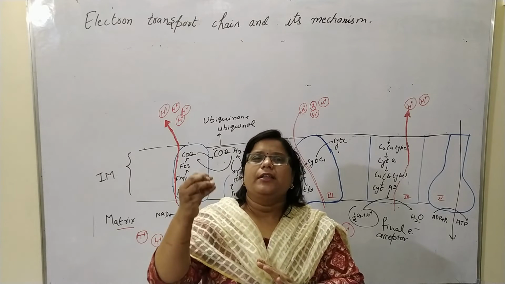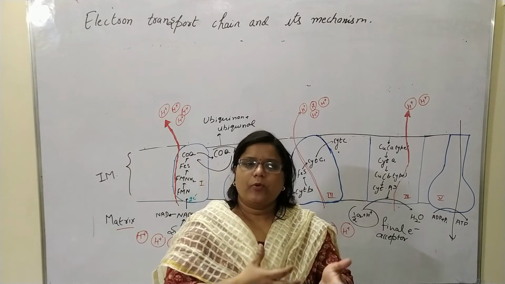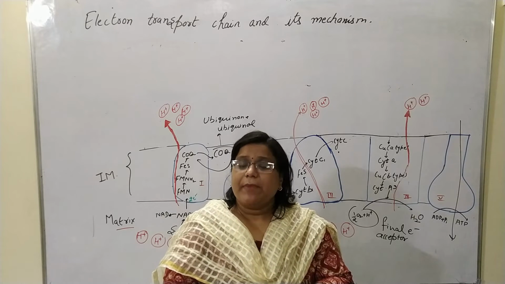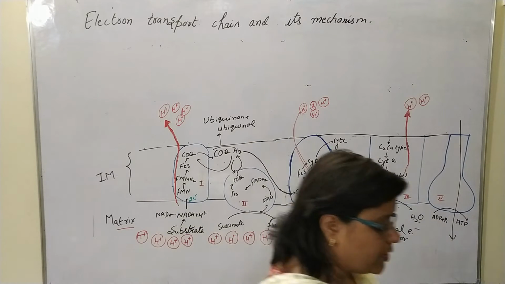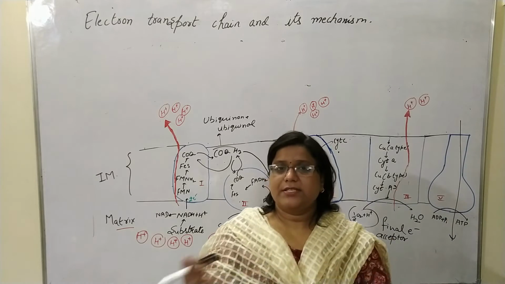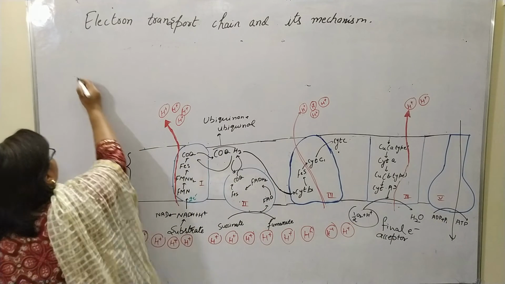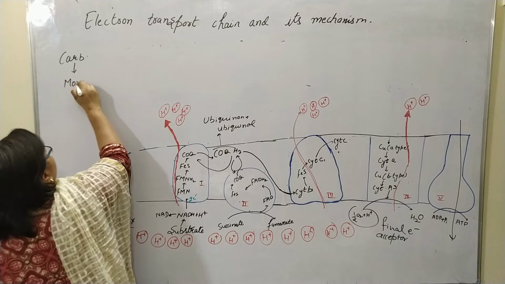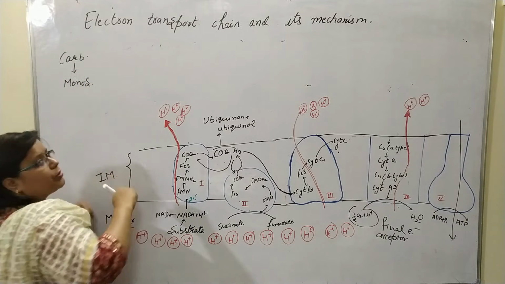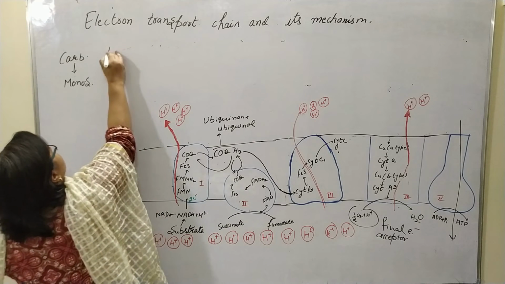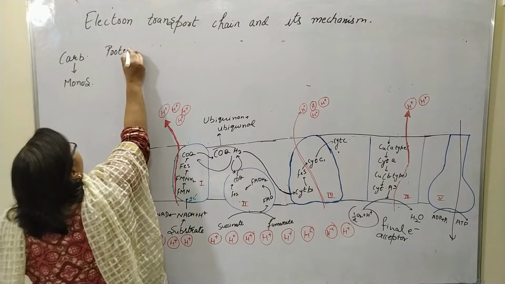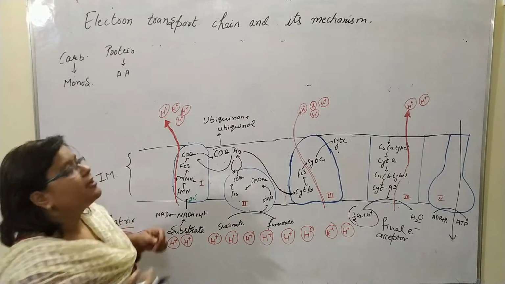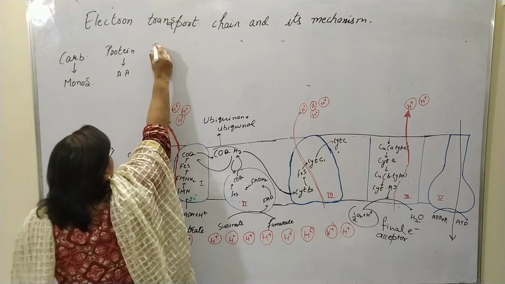First of all, carbohydrates, proteins, and lipids are metabolized. Carbohydrate is metabolized into monosaccharides, protein is metabolized into amino acids, and fat is metabolized into fatty acids and glycerol.